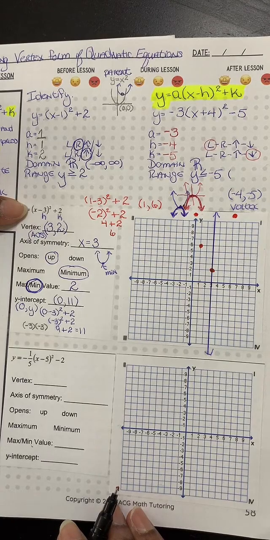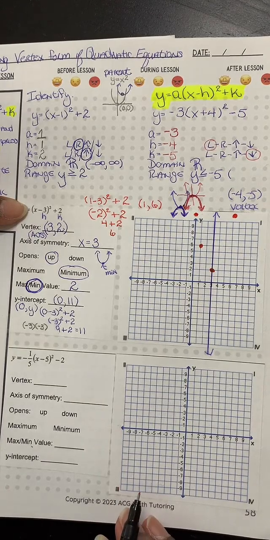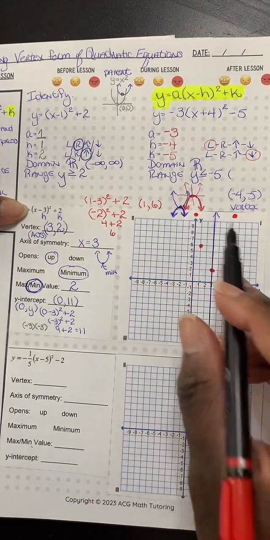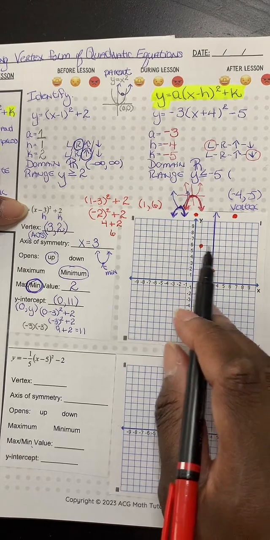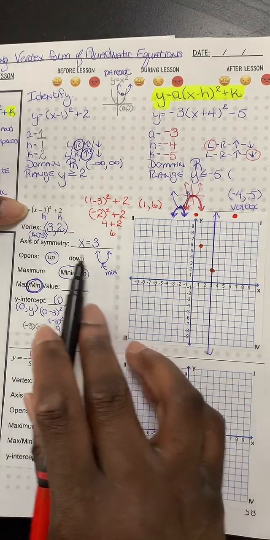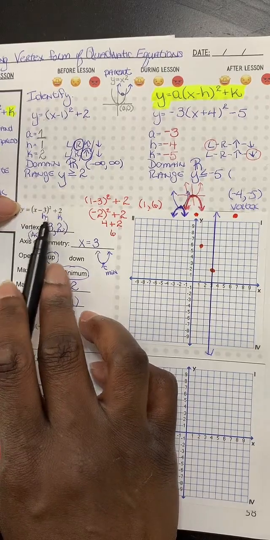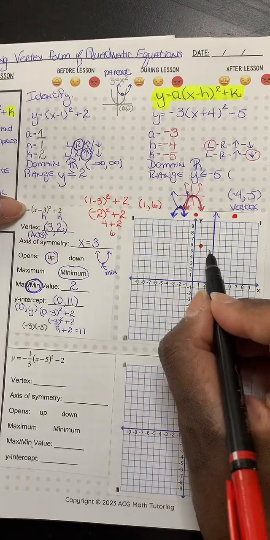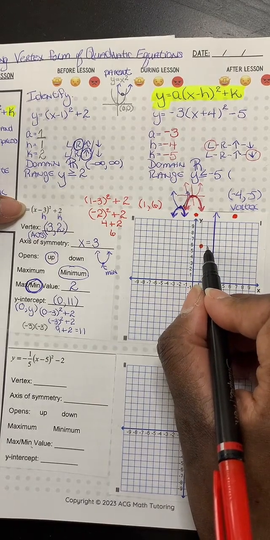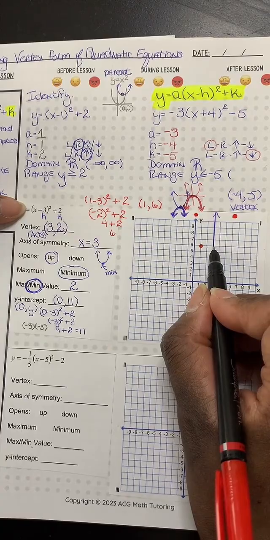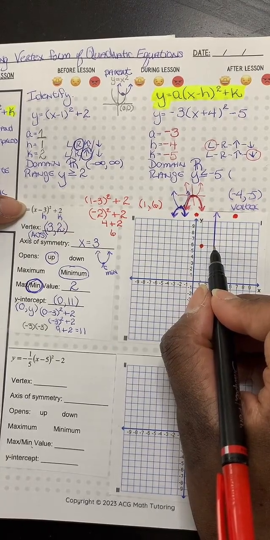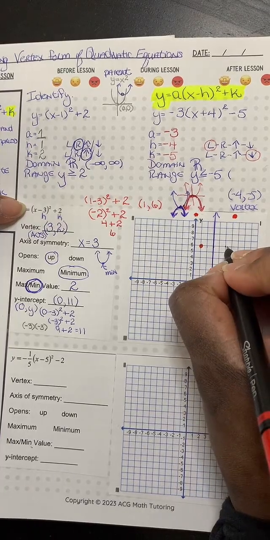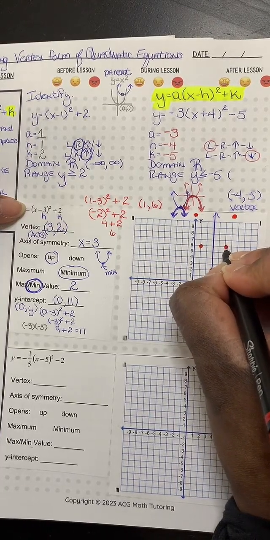Most professors will always ask you for like 5 points. One's going to be the vertex, one's going to be your y-intercept, and then you just pick one random x value to substitute into your equation to find its y value. Because I noticed that this point is 1, 2 units away from the axis of symmetry, that means the next point has to be 1, 2 units away from the axis of symmetry.